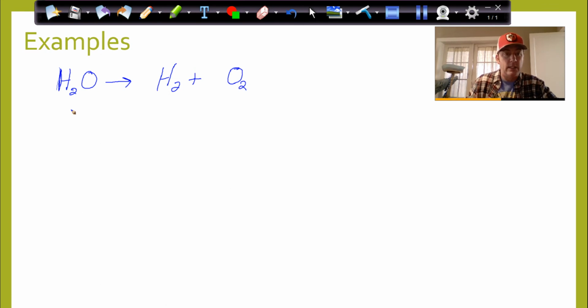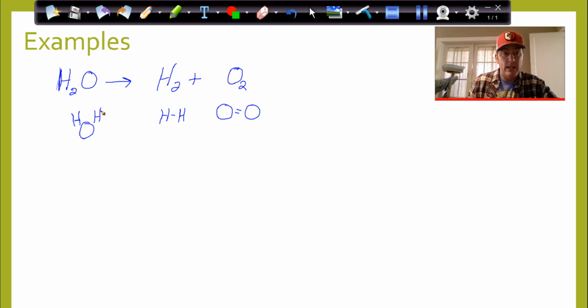Now, as we look at the amounts and think about what this is really like, it's a bent molecule, but we have these diatomic molecules of hydrogen and oxygen. I'm not putting my valence electrons around there.